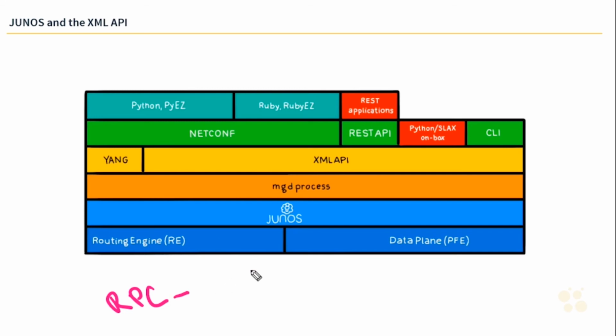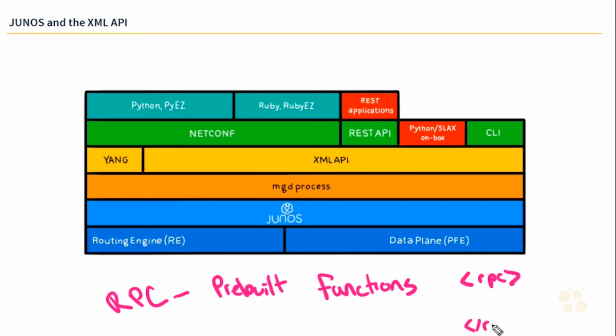RPCs are basically pre-built functions. In the most basic examples, what you may have noticed previously is that they have a tag called RPC, and of course a closing tag called RPC. A very basic example could be get-configuration. When we pass the tag getConfig, this is pre-built functionality that tells Juniper to return the entire running configuration.